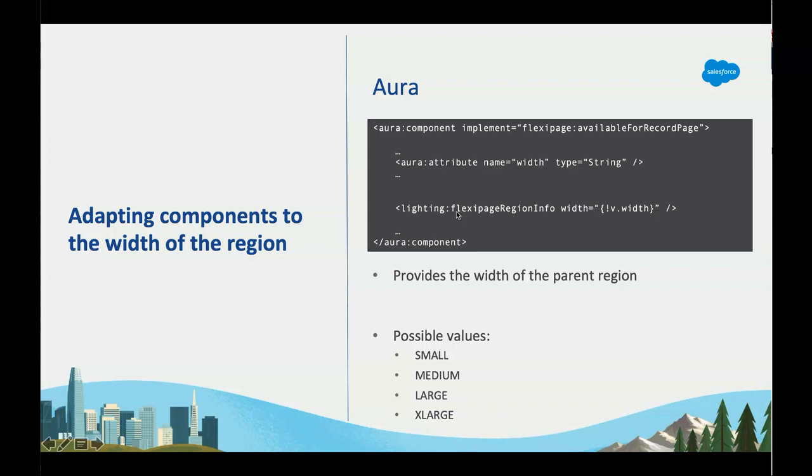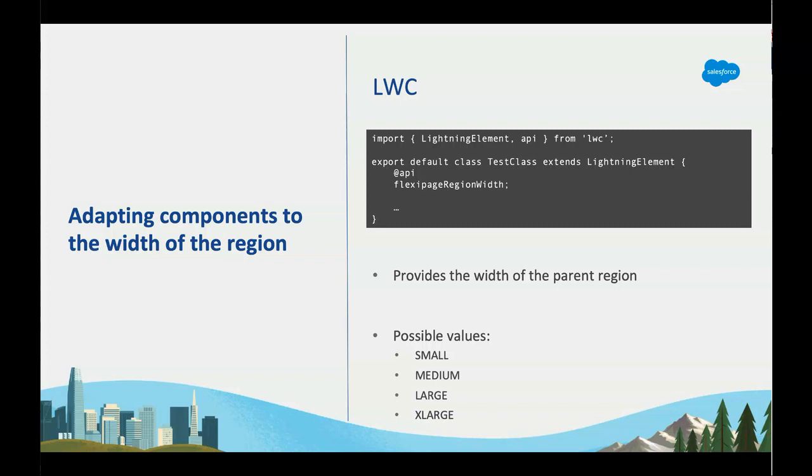If you're writing an Aura component, the way you do it is you'd use this Lightning FlexiPage region info component to request the width, and we would then, as a framework, provide that width to you. And in the JavaScript, you can then use that value to vary the behavior of your component. In LWC, or Lightning Web Components, it's a little easier.